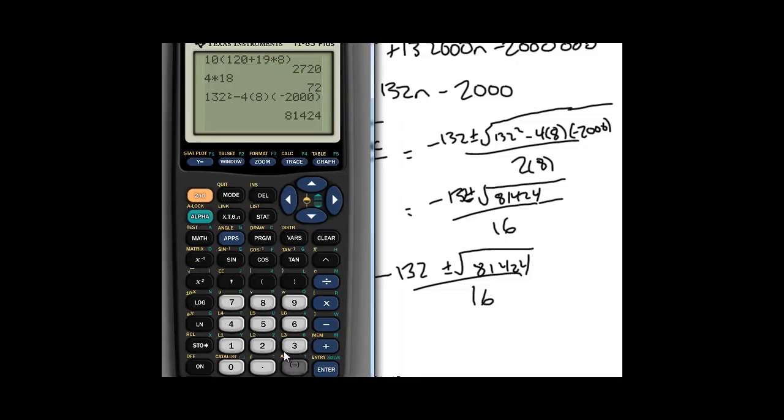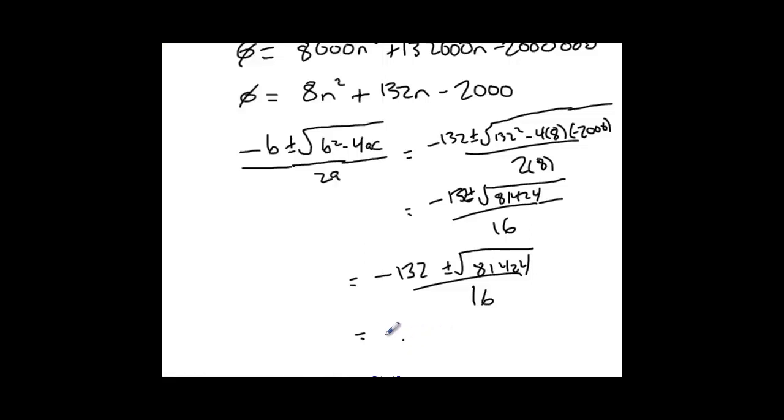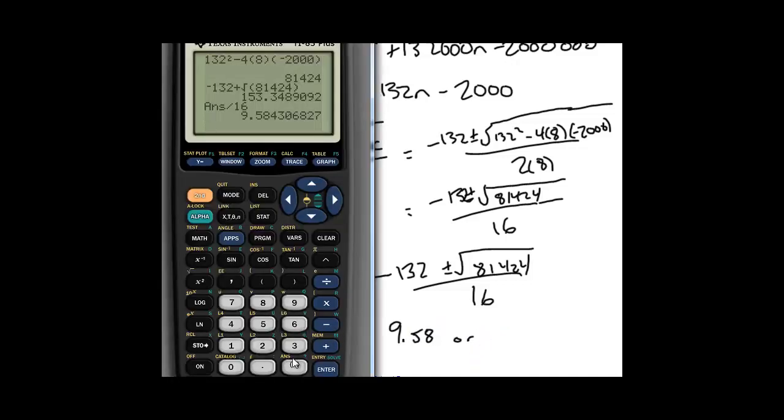So it would look like this. Negative 132 plus the square root of 81424, close brackets, divided by 16 means that one of my answers is 9.58. But in the quadratic equation, there's always two answers.